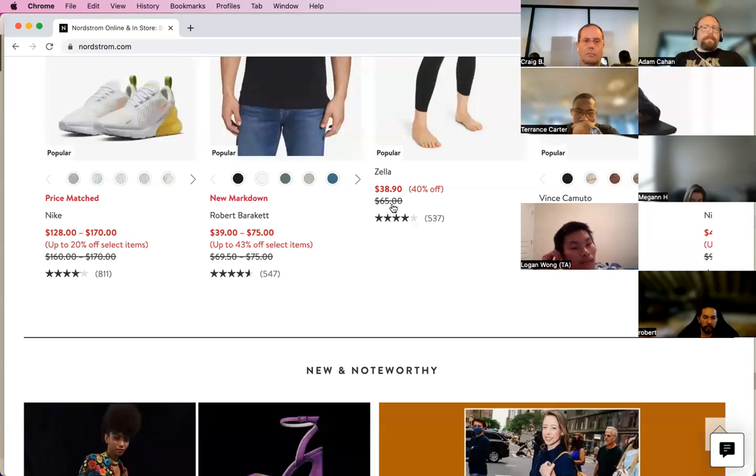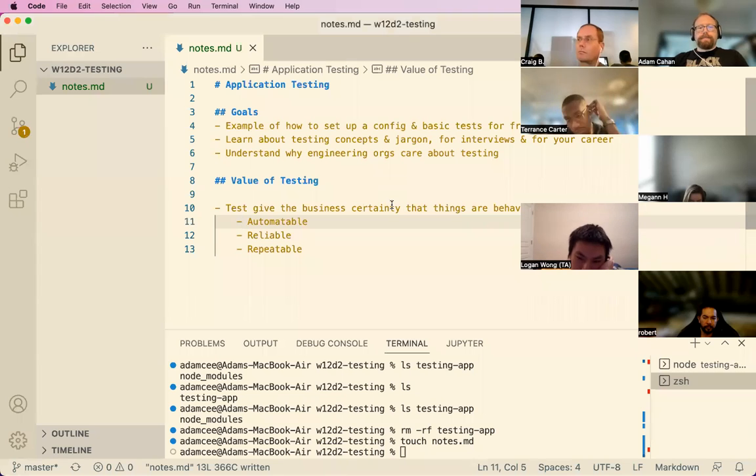So hopefully that makes sense about why, even for a small feature like this, part of my job writing this feature would be to write tests for it to make sure that it is showing up the way we want, that it's showing up on the website, and also to make sure that something else doesn't accidentally break it.